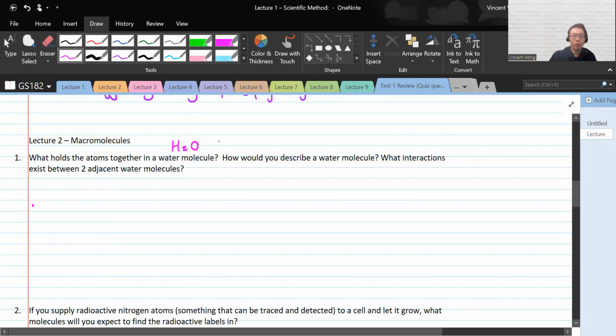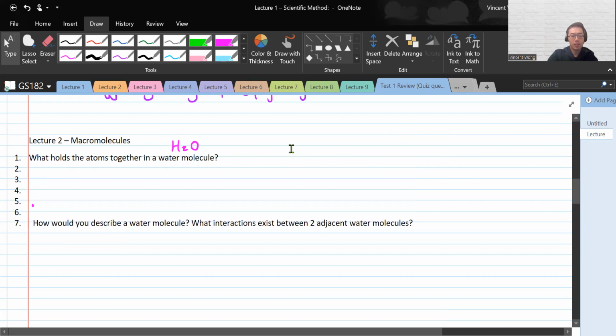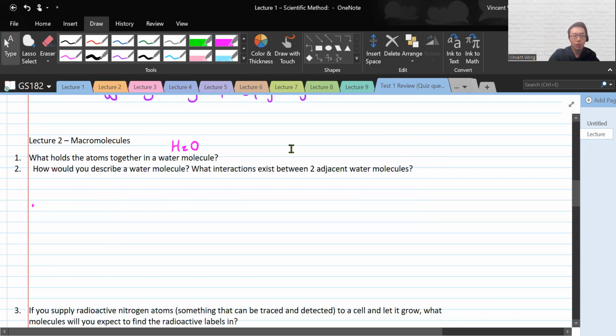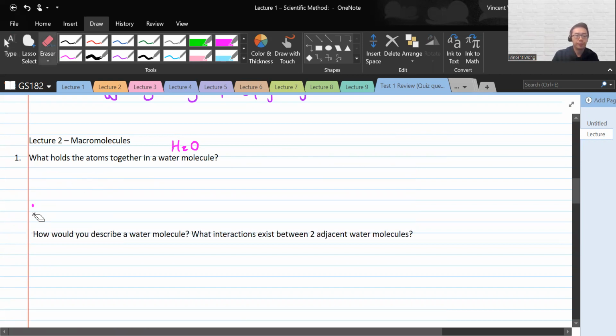So therefore, what holds them together? That would be, as I said, a covalent bond. Okay. In a covalent bond, electrons are shared as opposed to transferred.